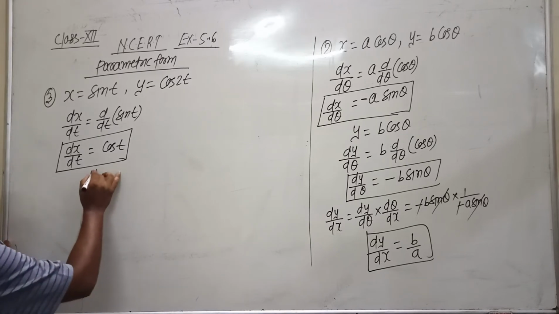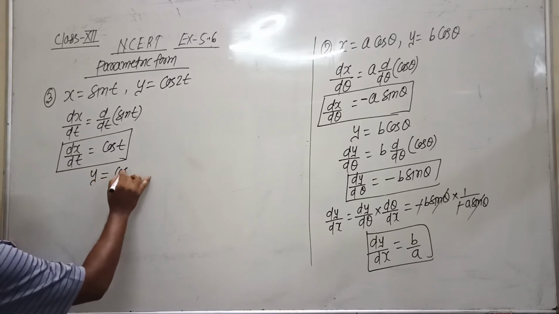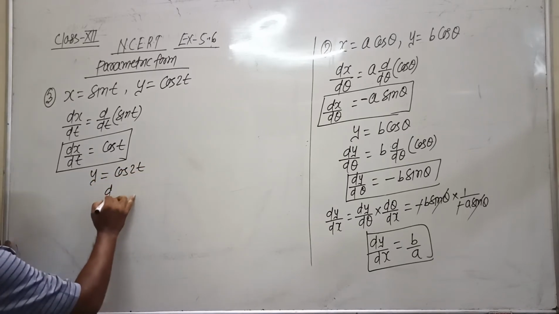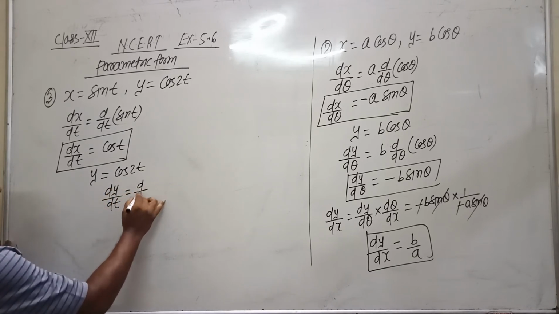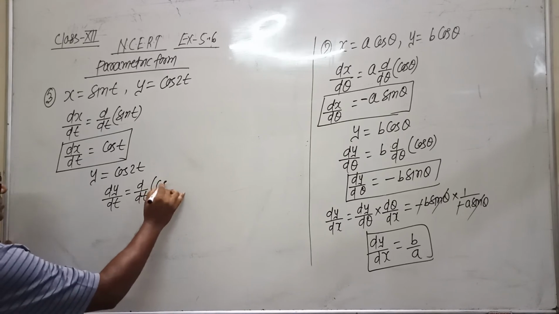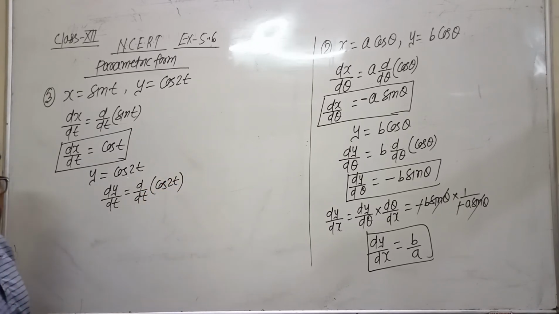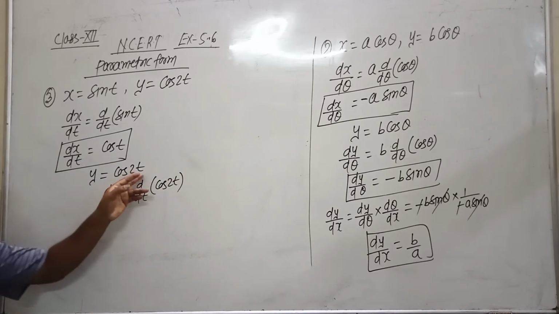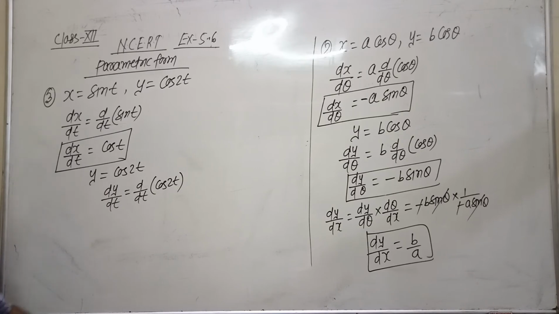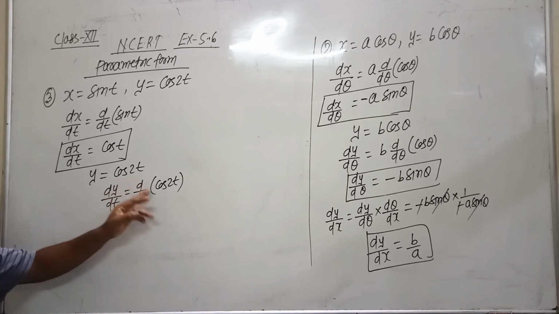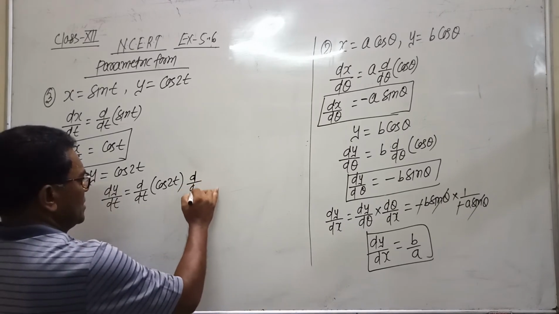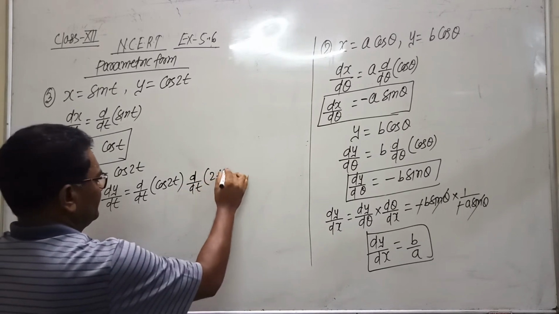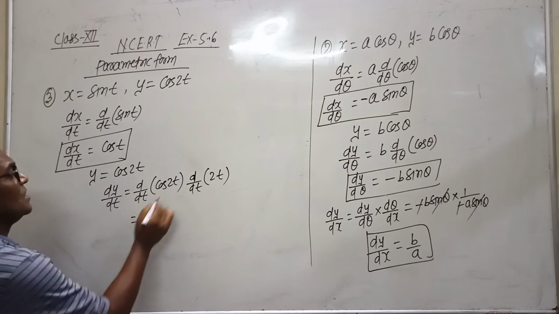Now y equals cos of 2t. So again we will find dy by dt, d by dt of cos 2t. Firstly, the whole term will be differentiated. Now we drop cos and take d by dt of 2t.